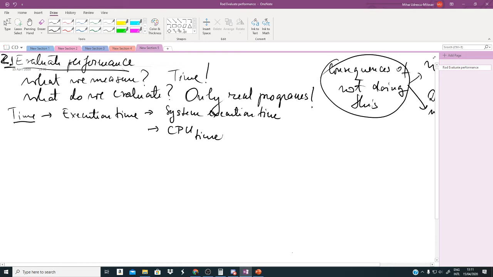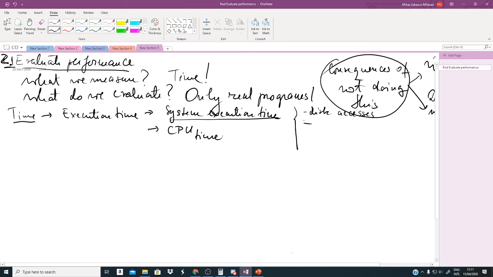What is the difference? Well, the difference is this. When you run a computer, the CPU will require CPU time to execute. But this is not it, because when you talk about the system execution time, you will have to consider disk access.